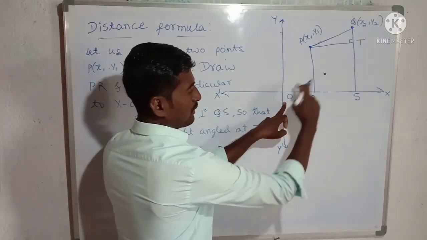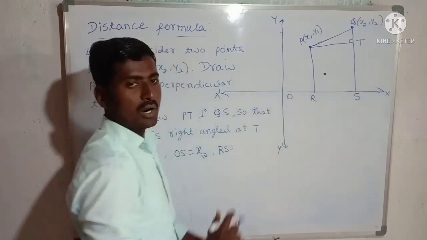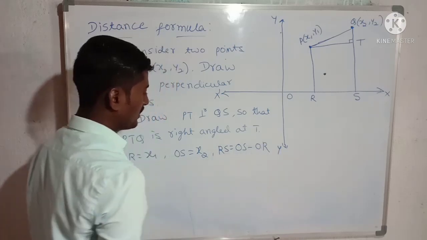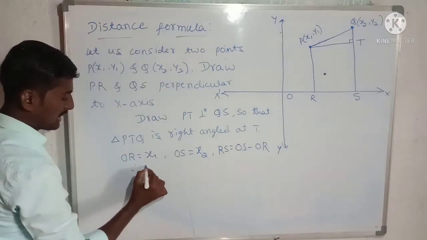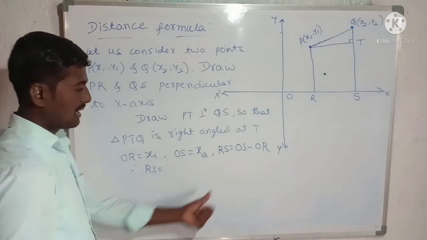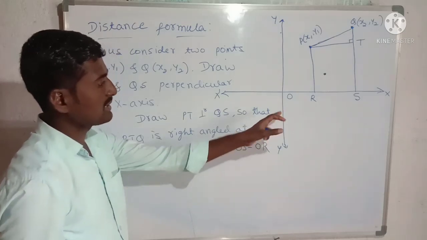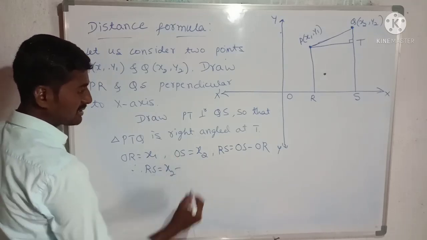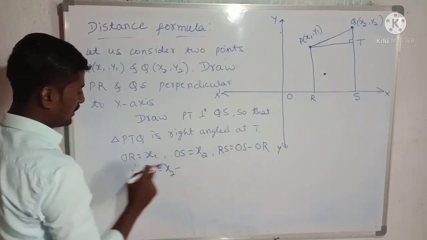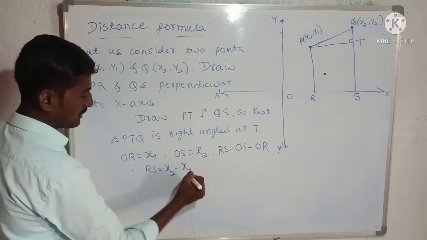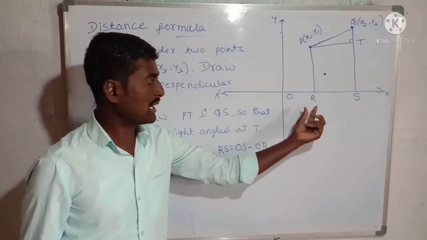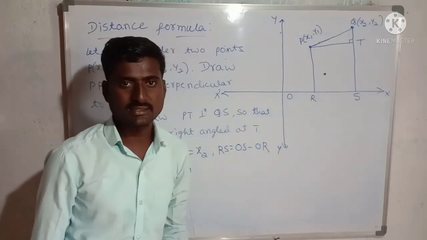RS is nothing but OS minus OR. Therefore RS is equal to OS, which we already wrote as x2, minus OR, which is x1. Now we got the values OR, OS and RS.